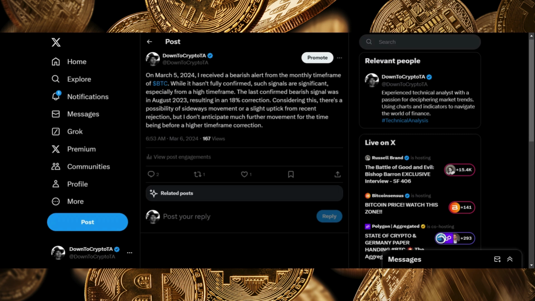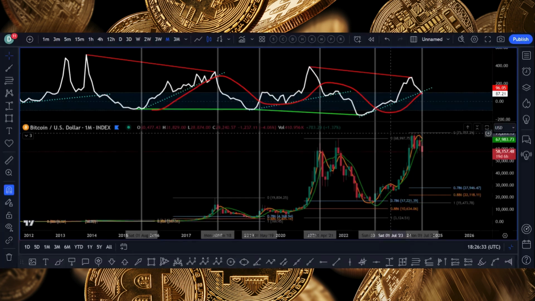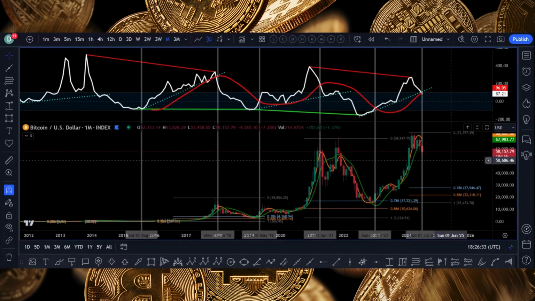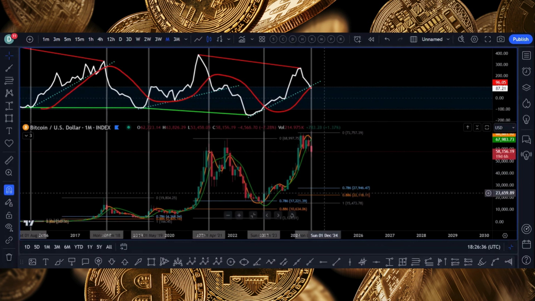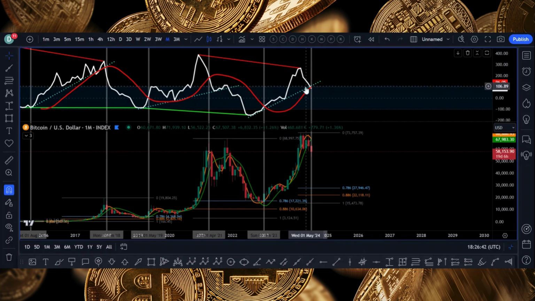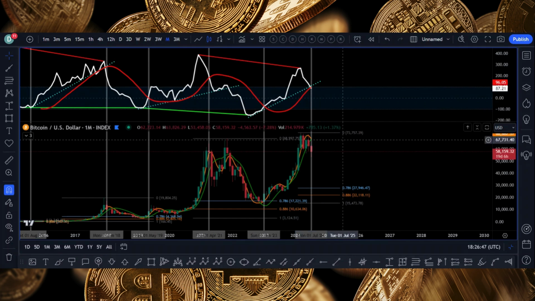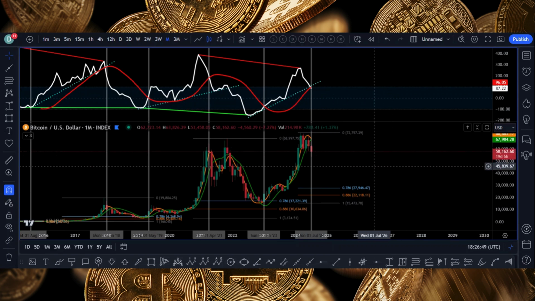The statistics show us that price could potentially come back down into this pocket of this 786 if this is our peak, with our bearish divergence, with our cross of the trend line, with our cross of the signal line, with this pending cross of this 10 and this 20. Don't ignore it.